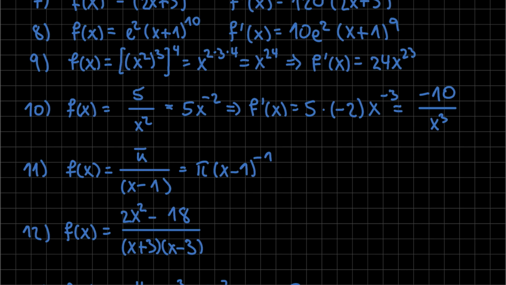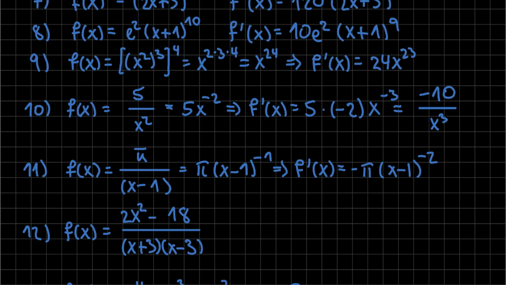So for the derivative, the constant will just be copied, the constant being pi. And then this -1 becomes the coefficient. So it's going to turn this into -pi times (x - 1) to the power of -2. Okay, because we're subtracting 1 from the exponent.